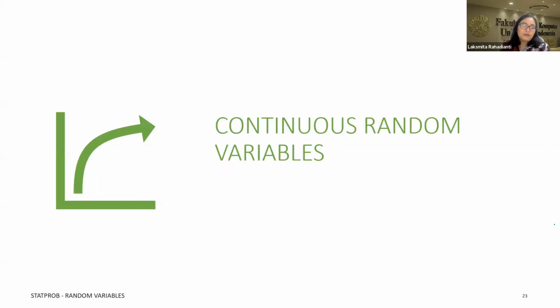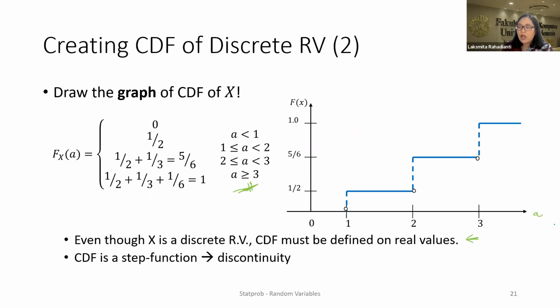Okay, pause here. There was a reason why we needed to define the CDF using a continuous real domain. Here, I need to define the CDF on a continuous real domain like that, even though the random variables were actually discrete.